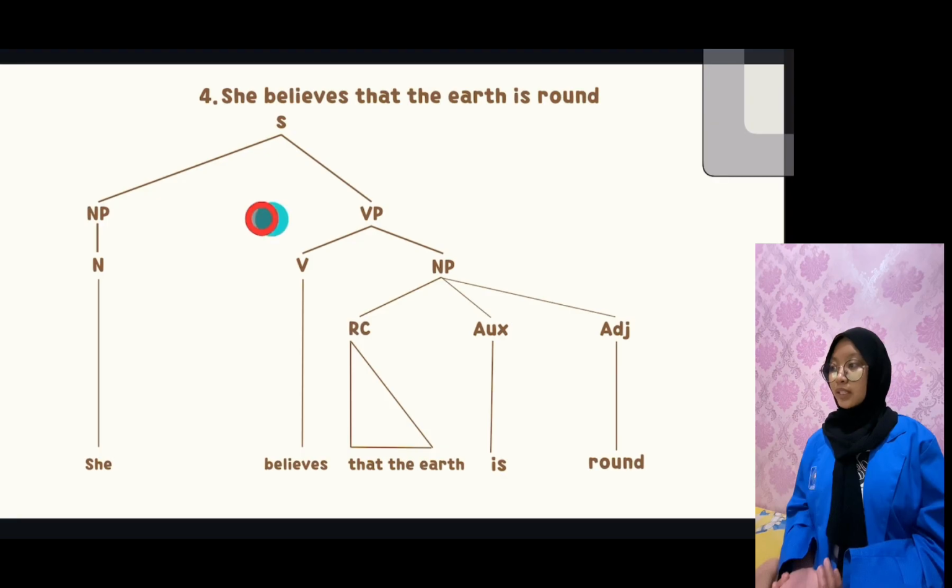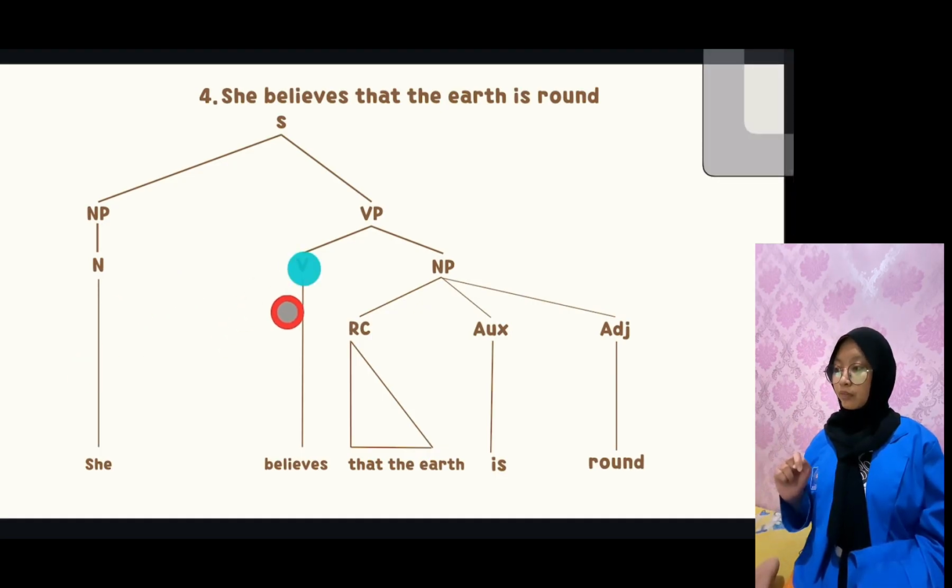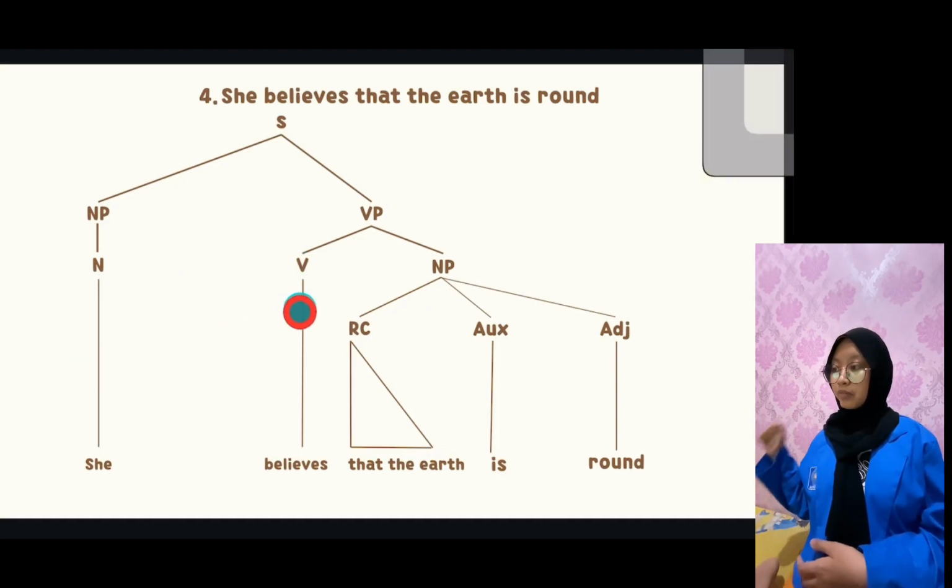Next sentence is: she believes that the earth is round. In here, the noun phrase is also only one, which is she. And for the verb phrase, we divide it into verb and noun phrase.